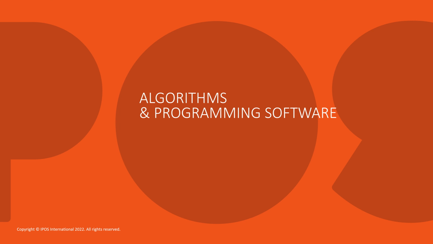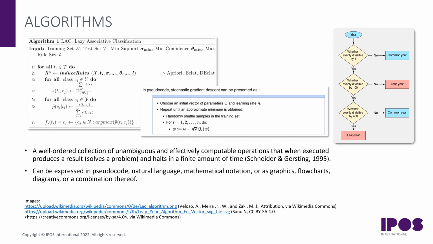Now that we have briefly described what is a computer, our next focus is on algorithms and software. So a formal definition for an algorithm is a well-ordered collection of unambiguous and effectively computable operations that, when executed, produces a result and halts in a finite amount of time.